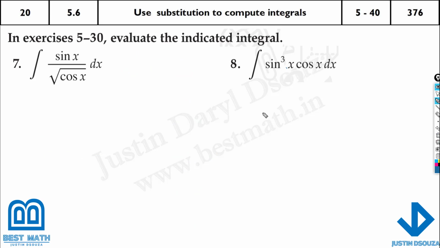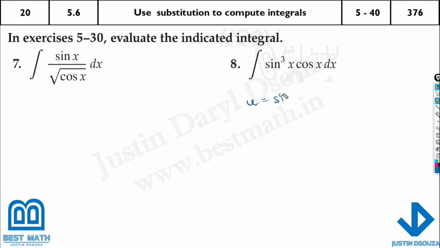Now, do we assume cosine as u? You can, but then there's an issue. Why? Because over here, the more complicated term is sine cubed. So here, what I can do is, if I assume sine as u, then I can write it as u cubed, right? So u cubed can be easily integrated. Let me show you how it's done.